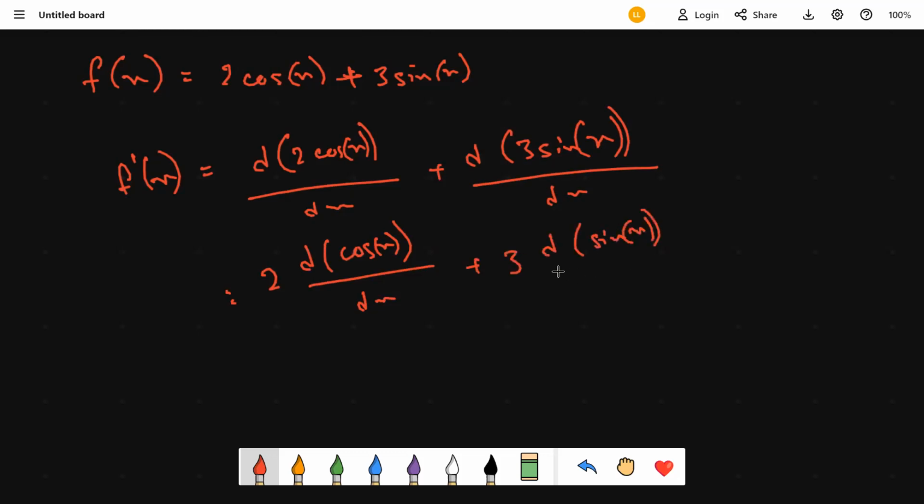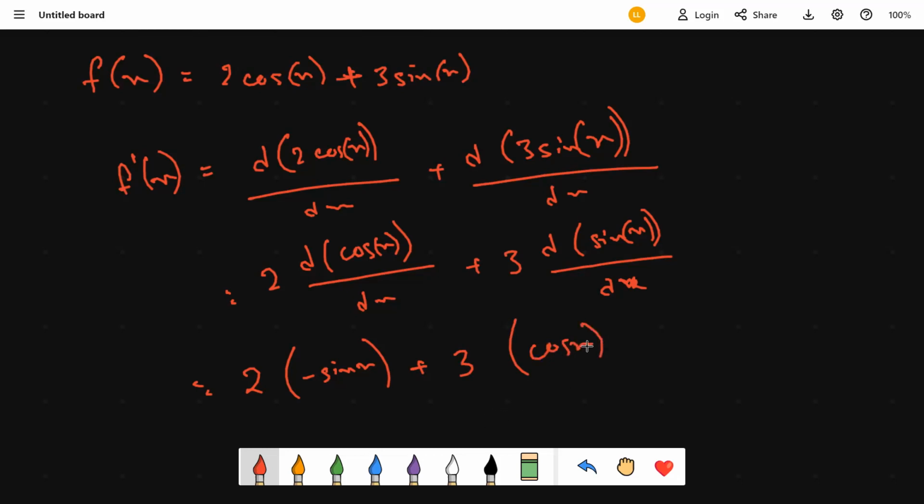In order to differentiate, if we simply differentiate this inner term, what do we get? We know if we differentiate cos x, we get negative sin x. So negative sin x, plus, if we have 3 here and differentiate this, we simply get cos x.